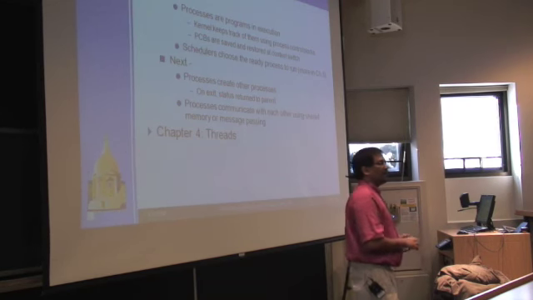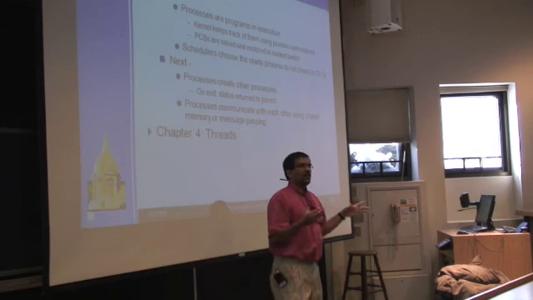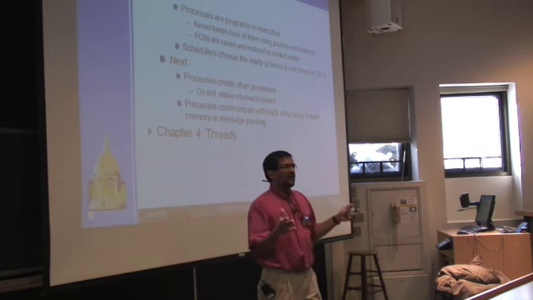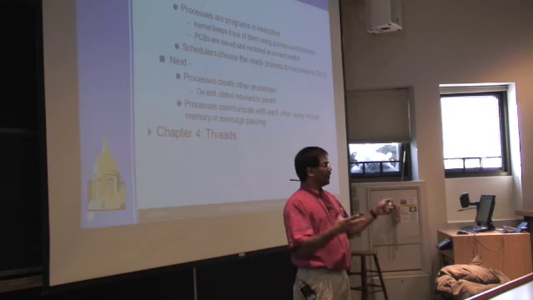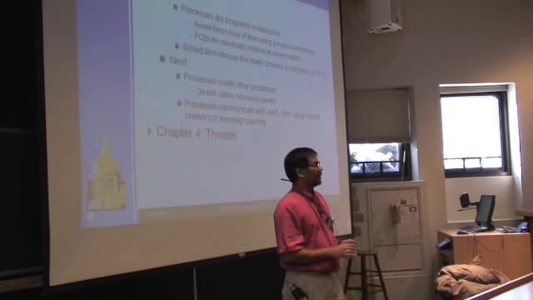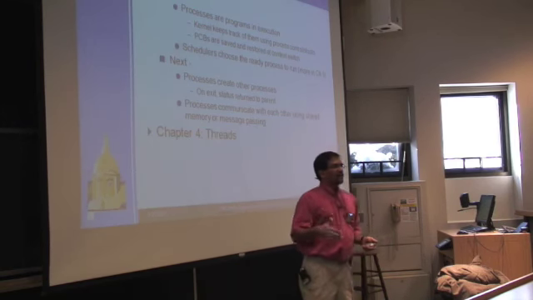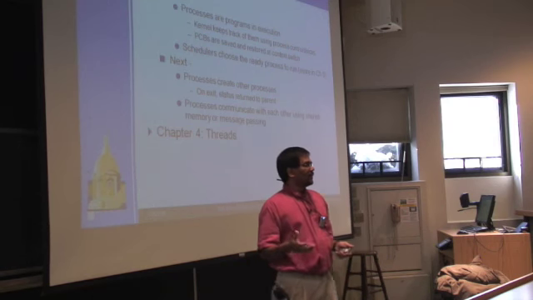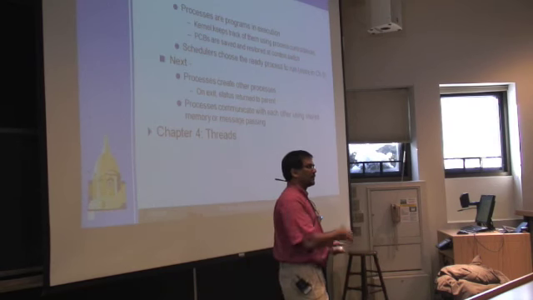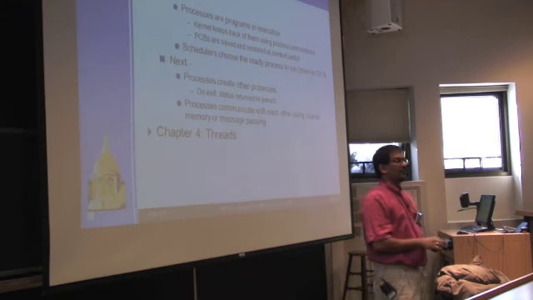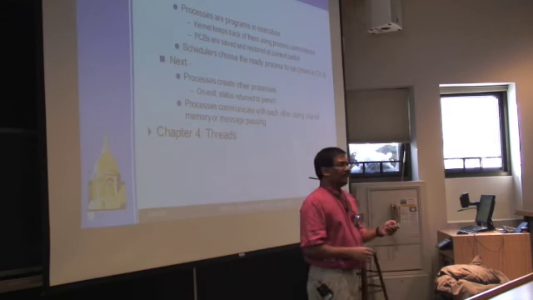The data structure it uses inside is a process control block, which is a large chunk of memory for whatever the operating system needs. We're going to continue to talk about how to create processes, how to delete processes, and things of that nature in this lecture before talking about threads.